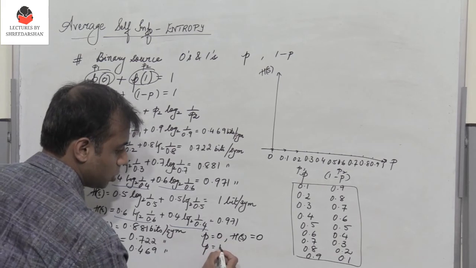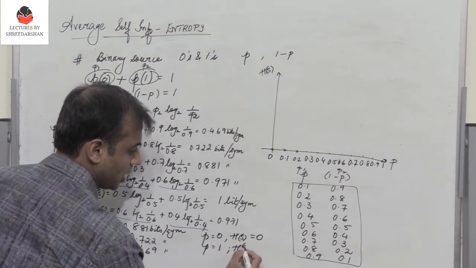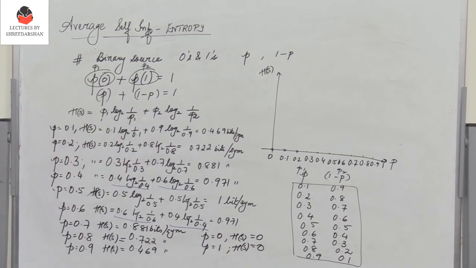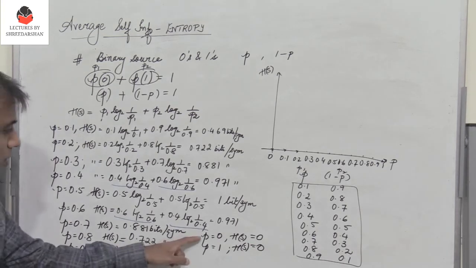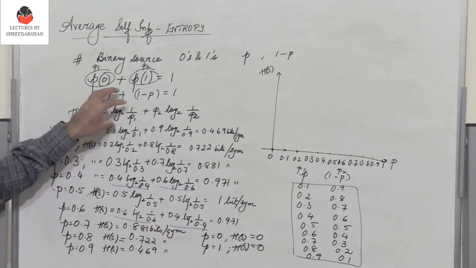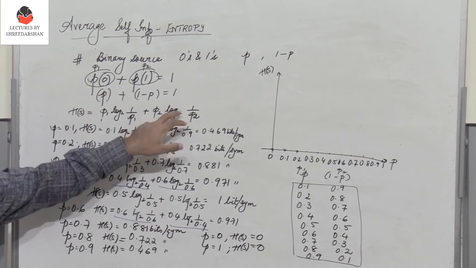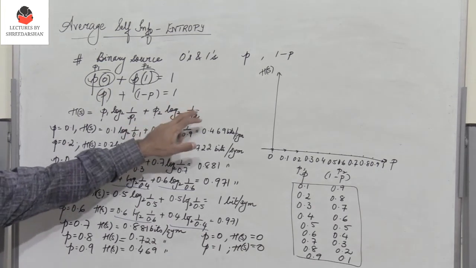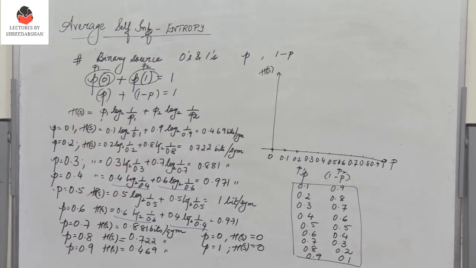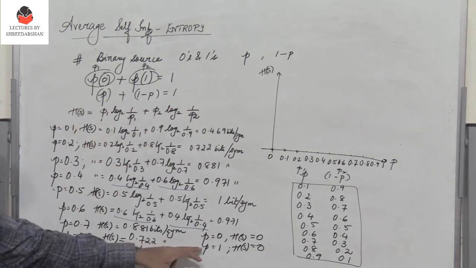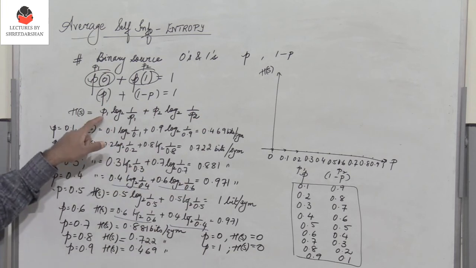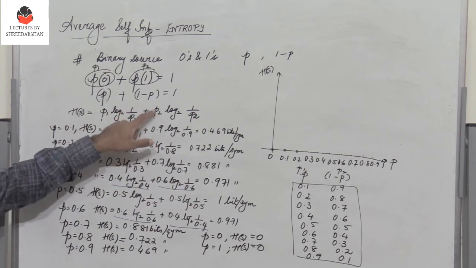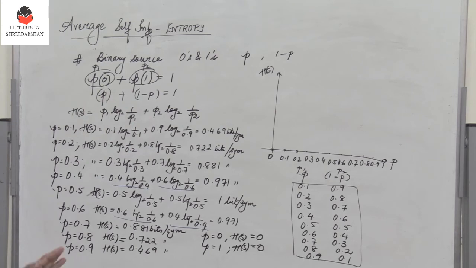And for P equal to 1, H of S is also equal to 0 here. P equal to 0 means P1 is 0, this is 0. This would be 1, and 1 log to base 2 1 is again 0, since log 1 is 0. Again, if P1 is 1, this is going to be 0. So we have got all the values.